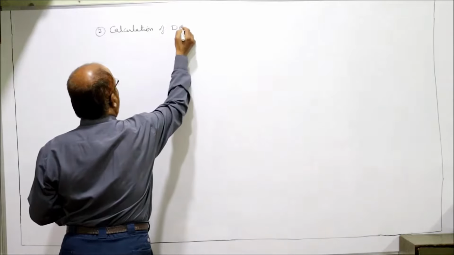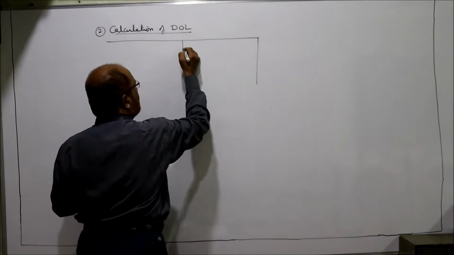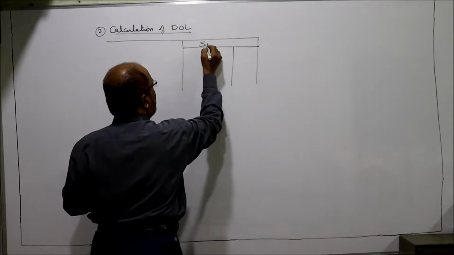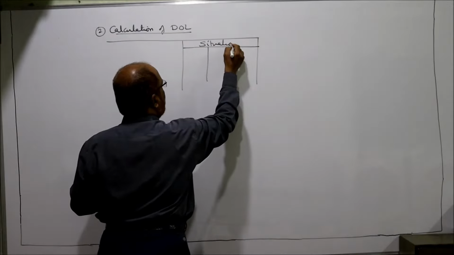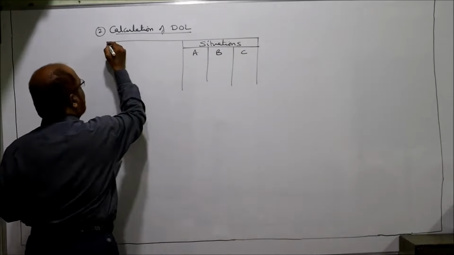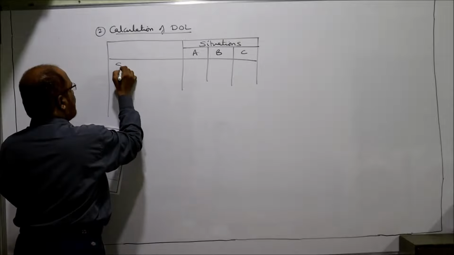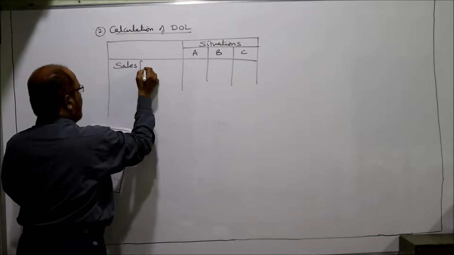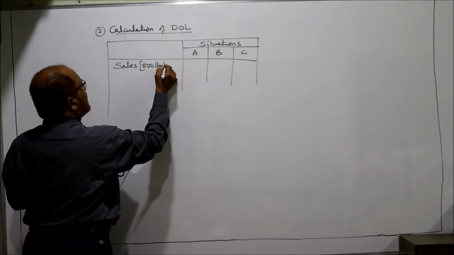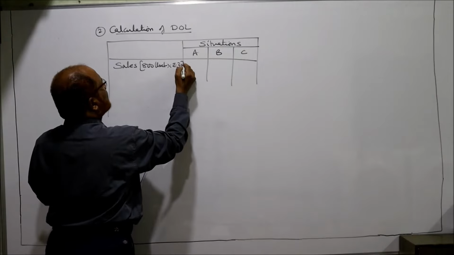Calculation of DOL. Three situations are given, so I am making three columns: situations A, B, C. Sales: 800 units are made, into rupees, the selling price per unit is 30 rupees.